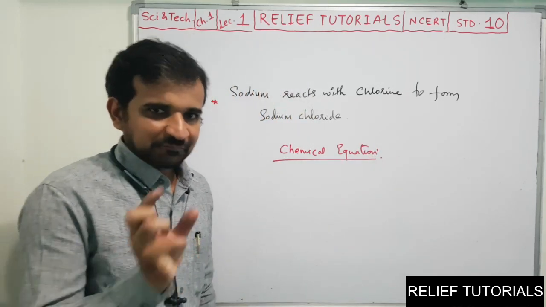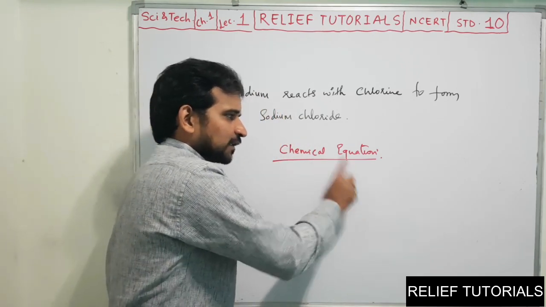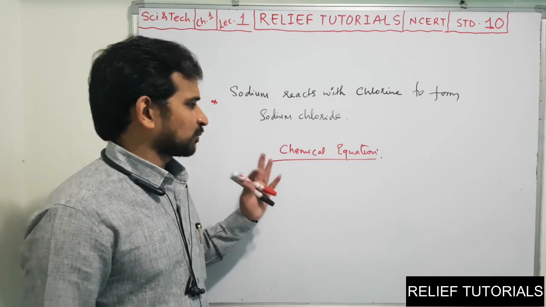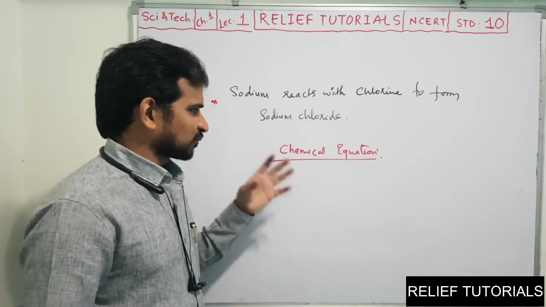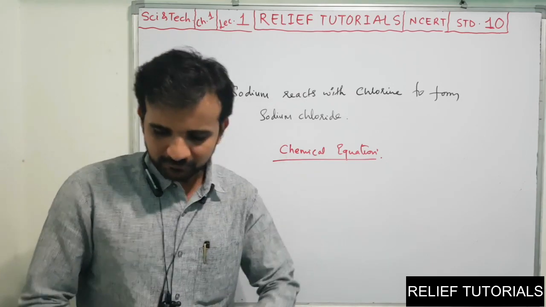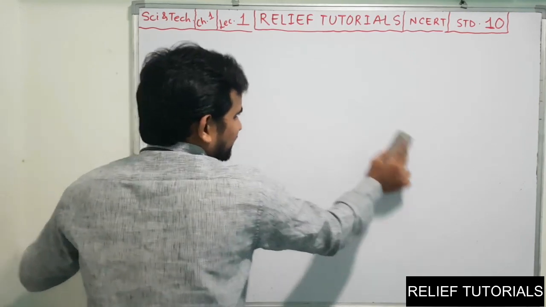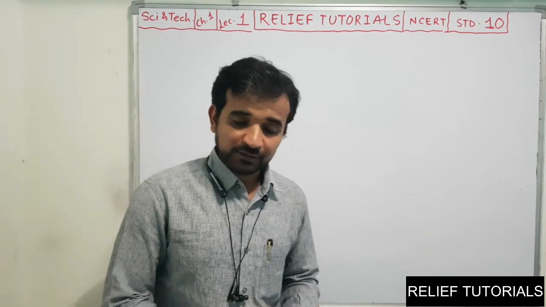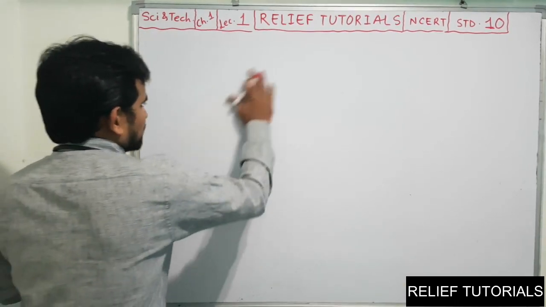The form in which the reaction is represented is called a chemical equation. There are some rules to represent the elements taking part in the reaction, and some rules to write the chemical equation, which we will see later. This is our chapter actually: how we can represent a chemical reaction in the form of a chemical equation.